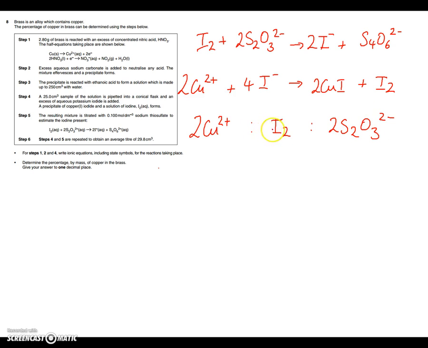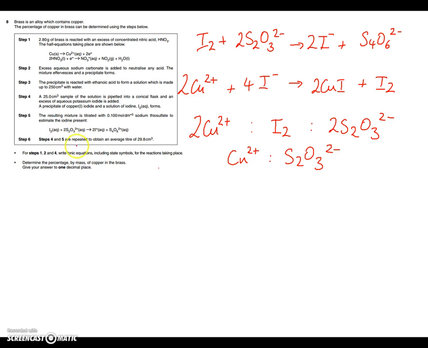So the ratio is 2:1:2, and so the ratio we're really interested in is the copper ion ratio to the thiosulfate ion ratio, and so you can see that that's just a 1:1 ratio. So if we can work out the concentration of this, we can work out the concentration of that, and then we can work backwards to work out the mass of copper.